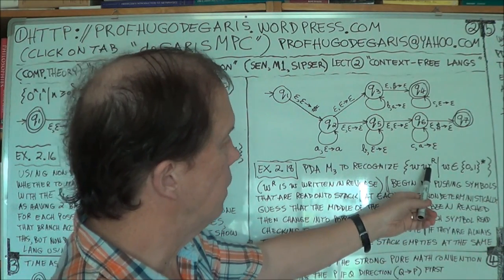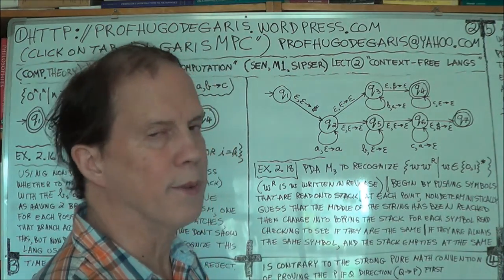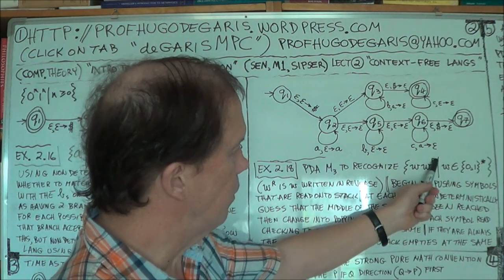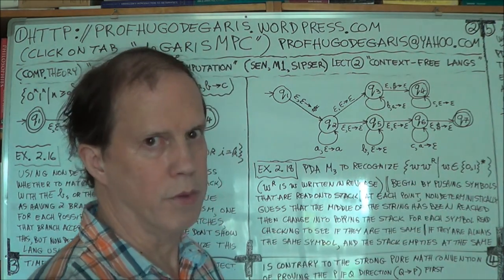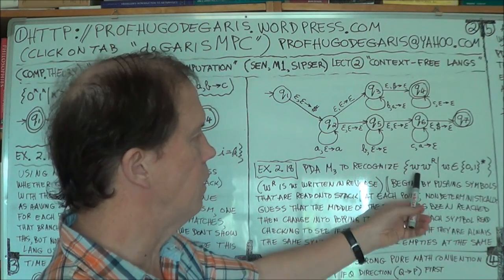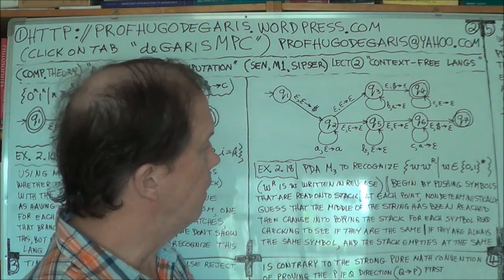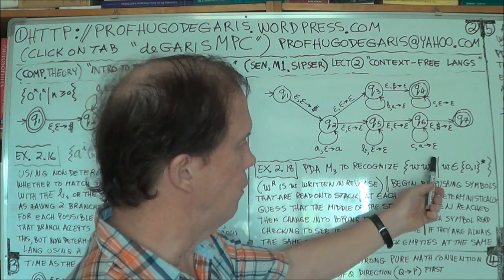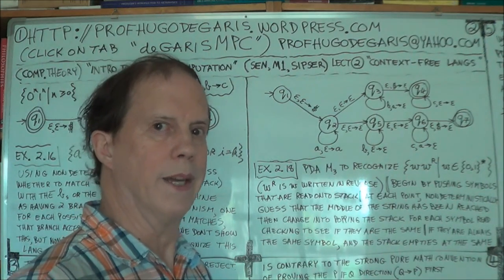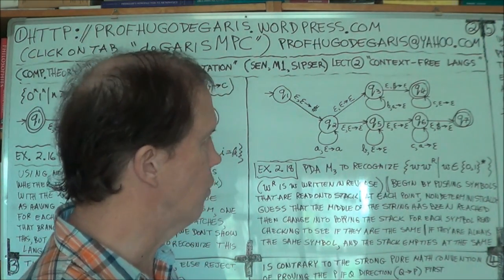And the WR, if you remember, we've come across that once before. That WR, R stands for reverse. So, for example, if your string W was ABCD, then the W reverse would be DCBA. You just reverse the order of the symbols in the string.